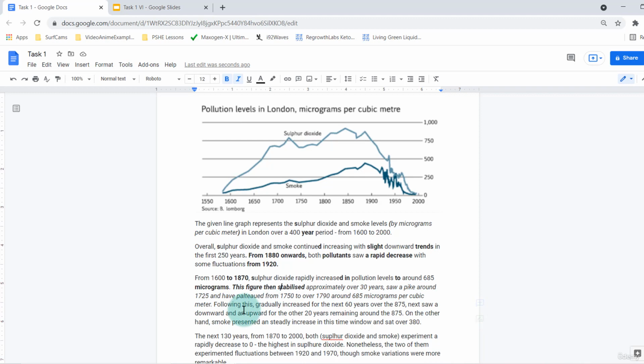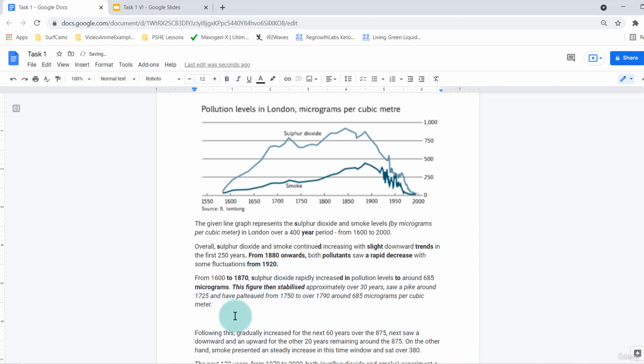So signalling to the examiner what years we're talking about. For example, you could say, during the first, let's say, 100 to 150 years. Let's say during the first 125 years, both pollutants saw significant increases. And then I could go in and sort of explain how much smoke kind of goes up a lot as well.